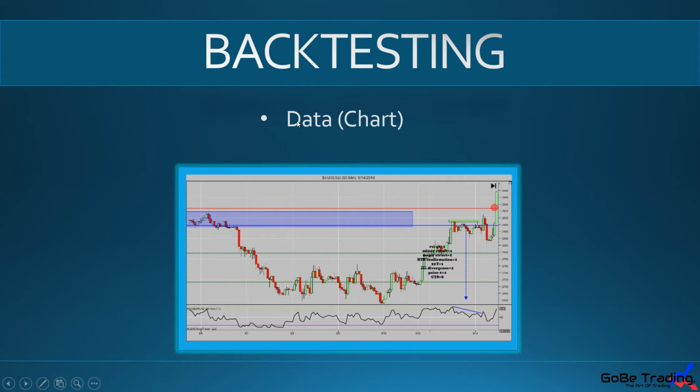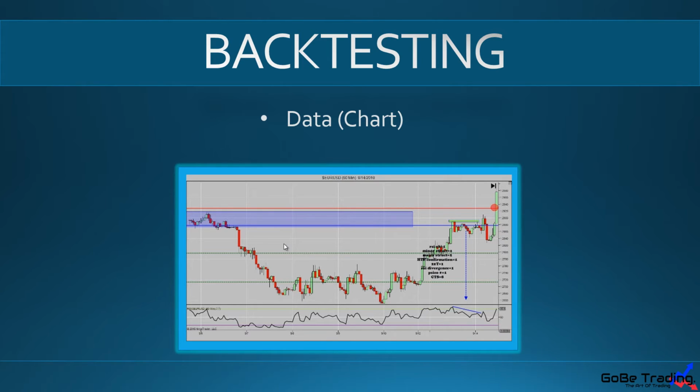So, having this, let's go to the other thing. That is data or chart. Guys, every platform I think can give you data. You can download data. For example, NinjaTrader allows you to download data from thousands of days from the past, maybe 2,000, 3,000, 4,000 days from the past.